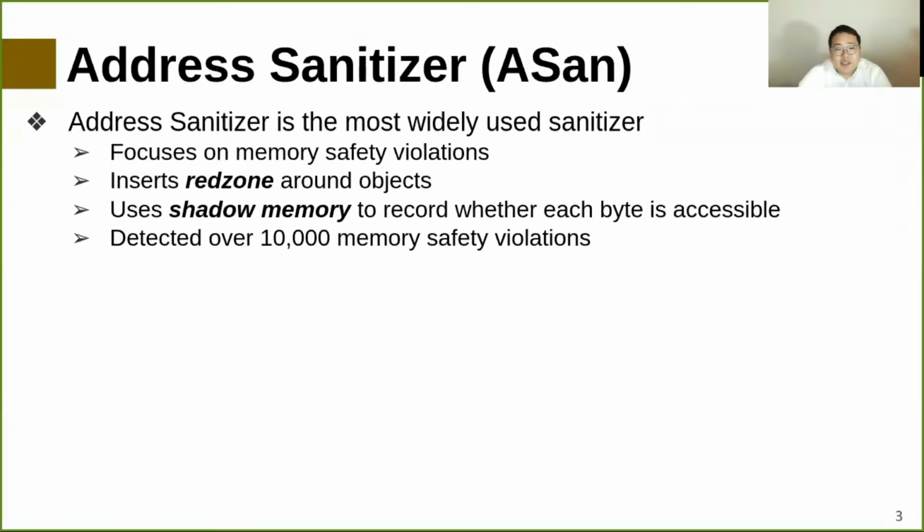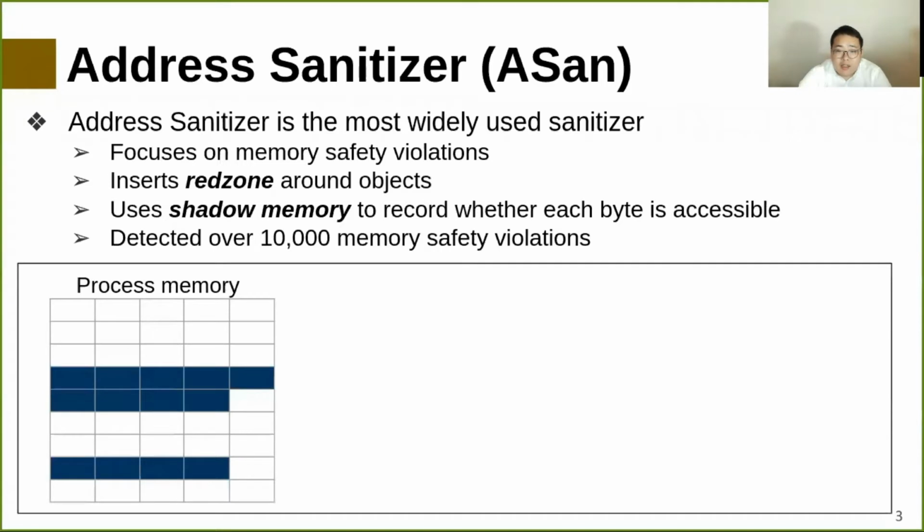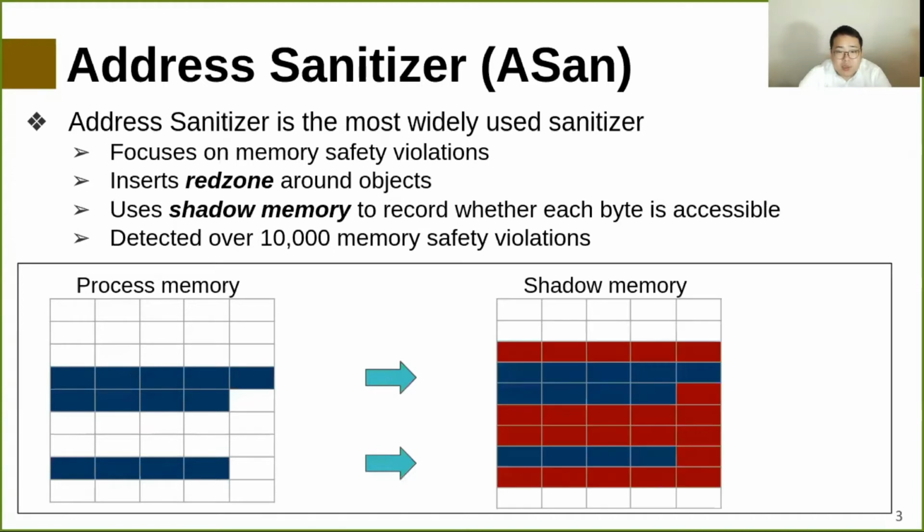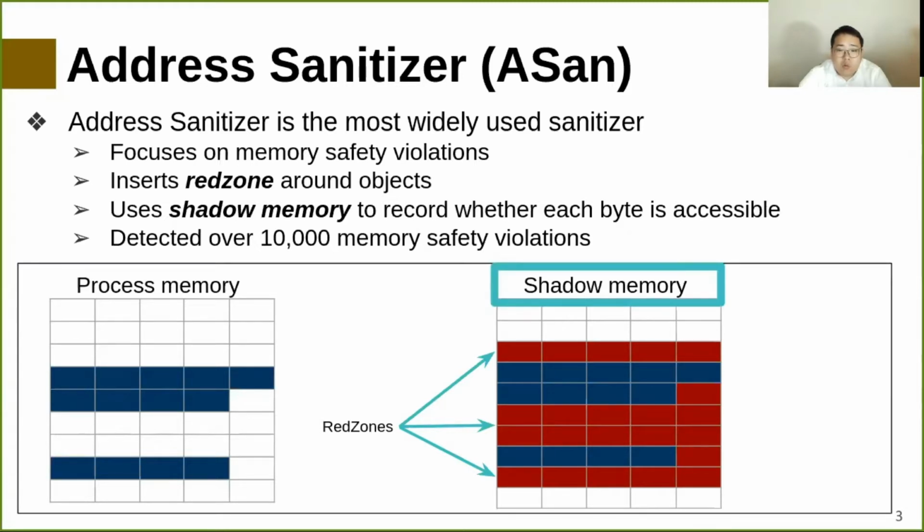Among these sanitizers, we mainly focused on address sanitizer, as it is the most widely used sanitizer. Address sanitizer focuses on detecting memory safety violations. For instance, let's assume that this is process memory. To detect a violation, address sanitizer inserts red zones between allocated objects and uses the shadow memory to record whether each byte is accessible.